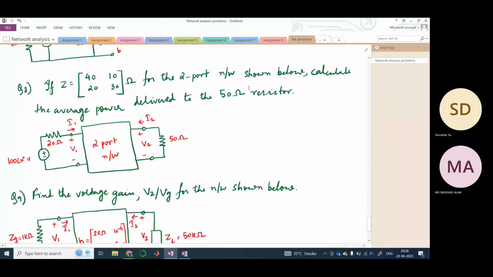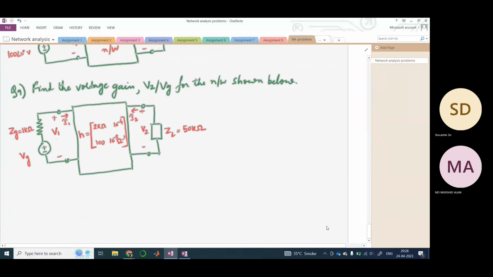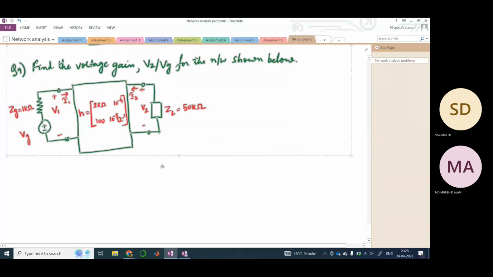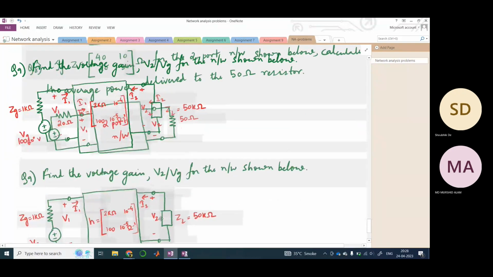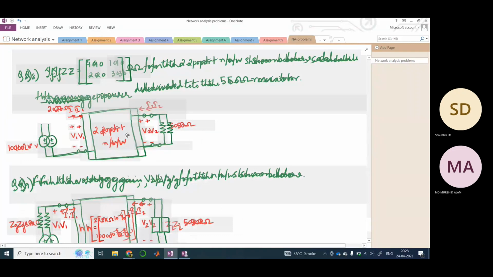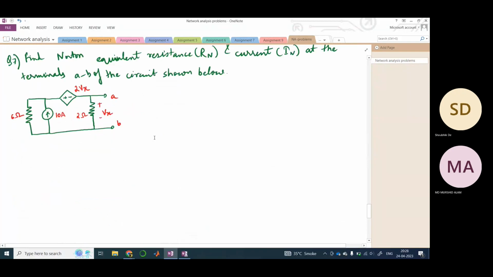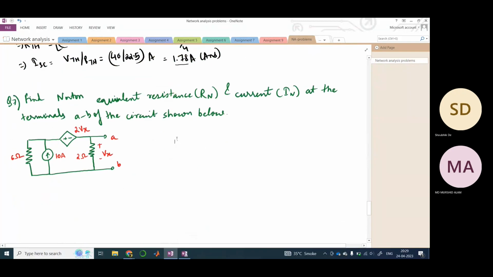We have solved plenty of problems for nodal analysis and also for KCL, KVL, Thevenin Norton, and there we also saw the dependent source circuits. You had a separate assignment on that, I forgot the number. If you can solve these kind of problems, your analysis with dependent sources is completed.